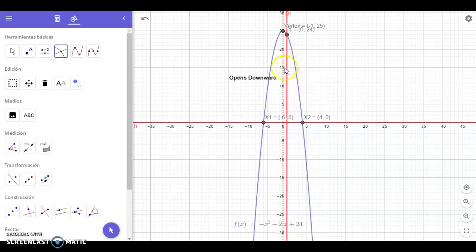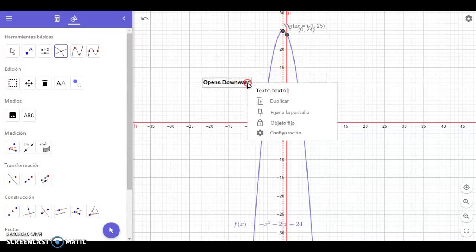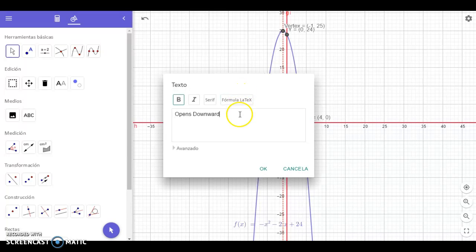All that's left is that we have to write the domain. So we're going to go back to text, double left click it, and I'm going to write domain. And the domain is all the x's that go through the parabola.